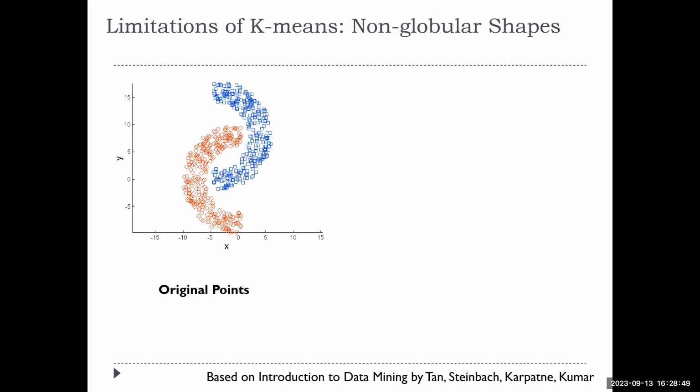It's an example for a non-globular shape. If we use k is equal to 2, what do you think will happen? Yes, that's very good.